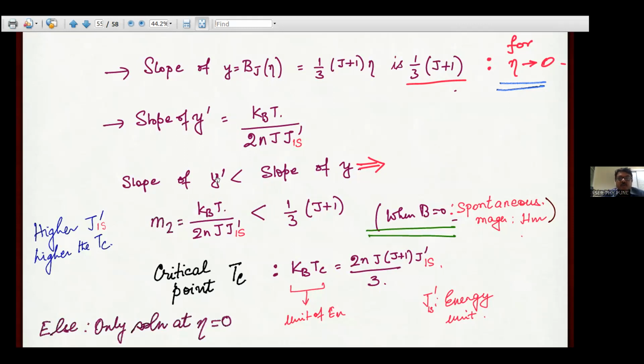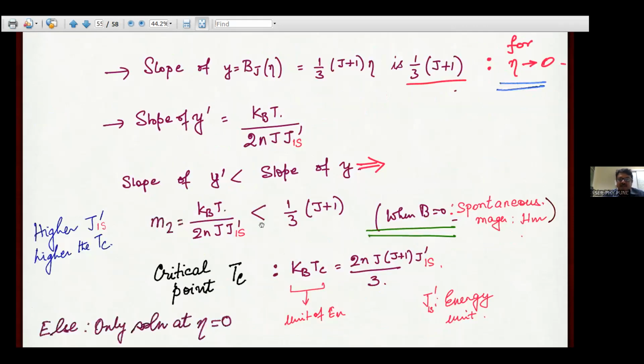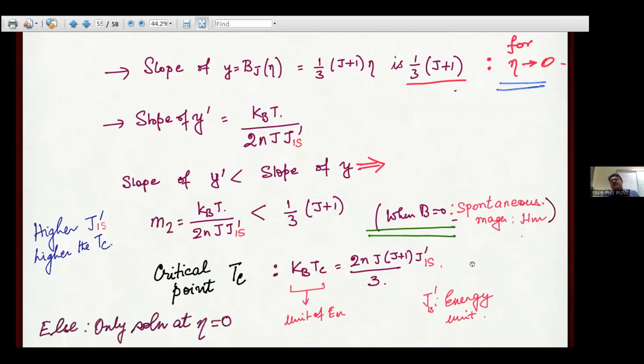So when the slope of y dash, this line, is less than the slope of y, which is a case like this, then you have some spontaneous magnetization. You have a solution at a finite value of eta. You have a case of finite internal magnetic field Hm.